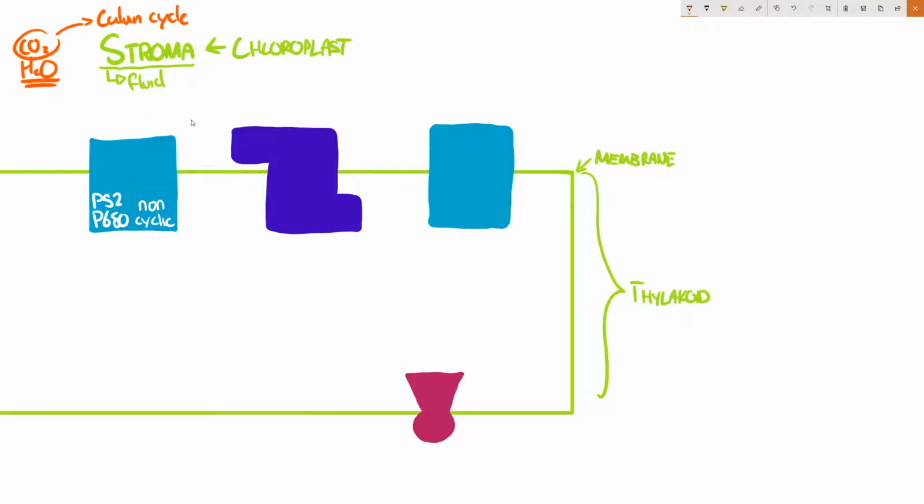The water is going to come from our soil, and it's going to go to photosystem 2 first. So let's write that in. So we have water, and it's going to come to photosystem 2, and then what's going to happen? Chlorophyll inside the photosystem is going to collect sunlight and use that energy to split the water.